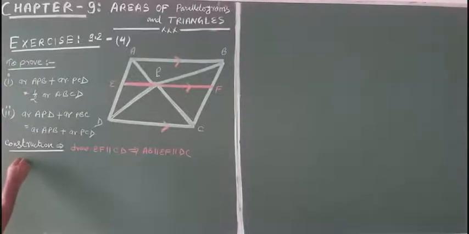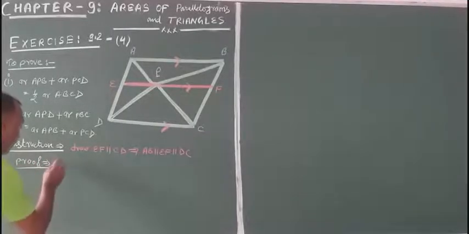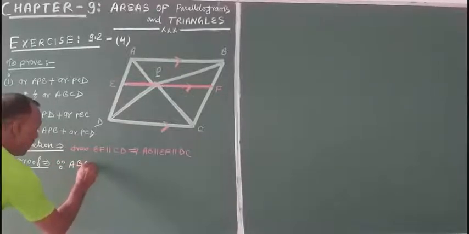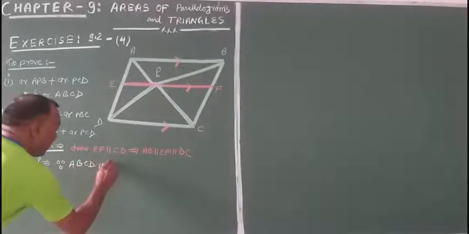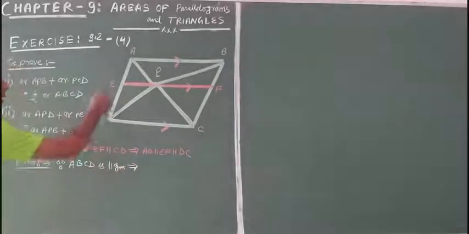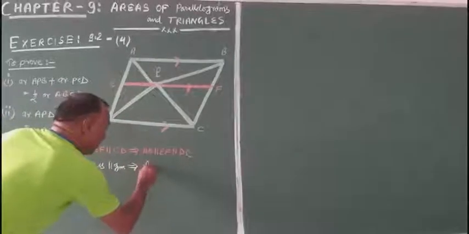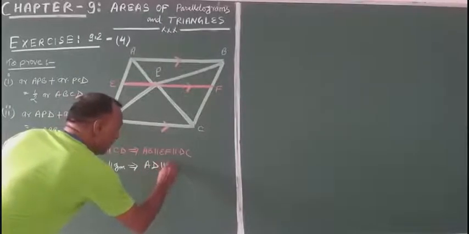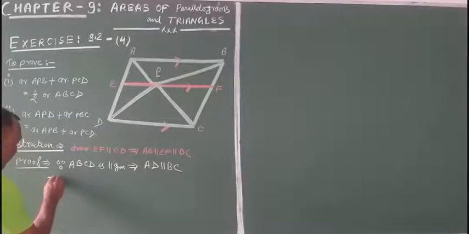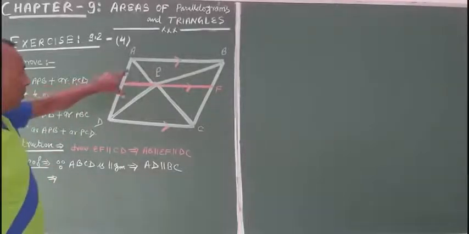Now just look at the proof. Since ABCD is a parallelogram, therefore AD will be parallel to BC.